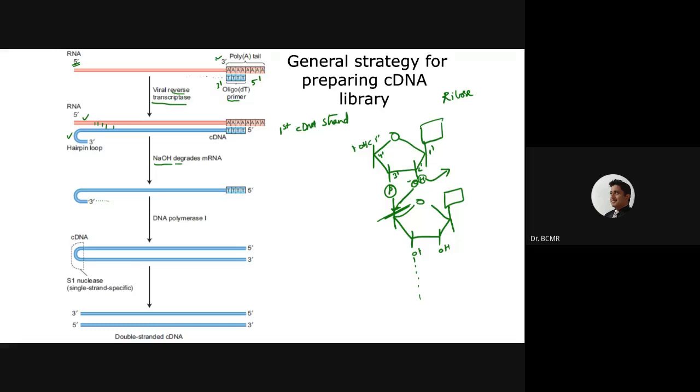What is denaturation? What is degradation? Denaturation is if two strands are base paired and they become single stranded like this, then it is denaturation. If you have the same nucleotide, DNA or RNA, and it has broken into pieces like this, that is degradation.